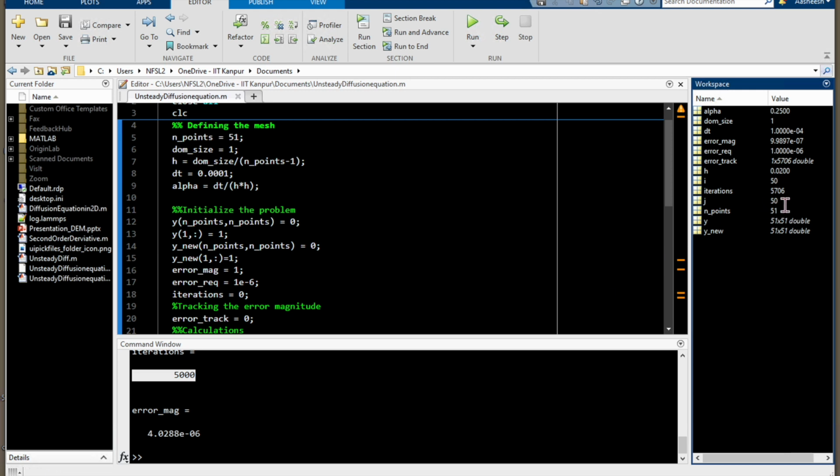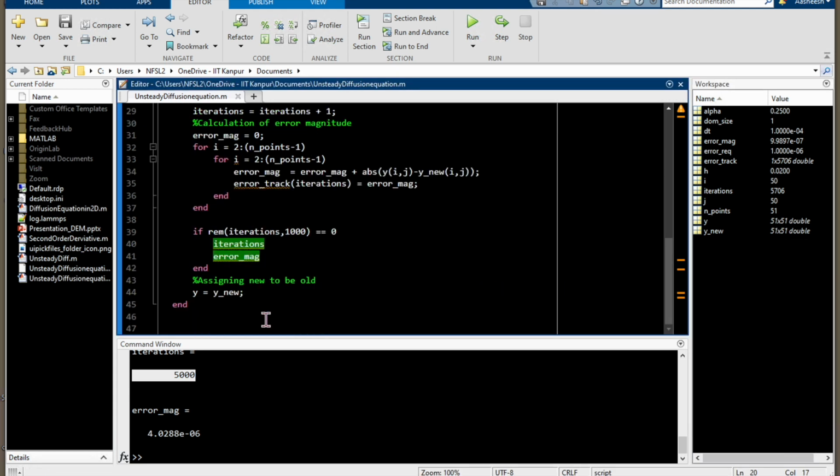And j value is 50. Endpoints are 51, so we are making a 51 by 51 grid, which is treated as double. So our problem is solved. The unsteady problem is solved.